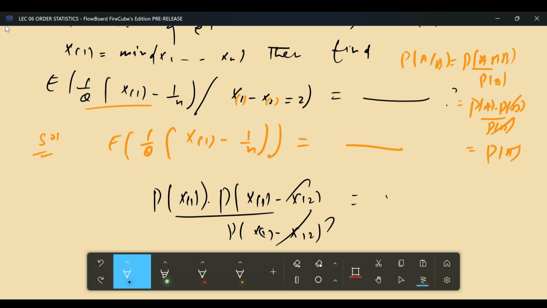So this and this go, and we are left with probability of x1. Then we have to find the expectation of 1 by theta times (x1 minus 1 upon n). Clear?